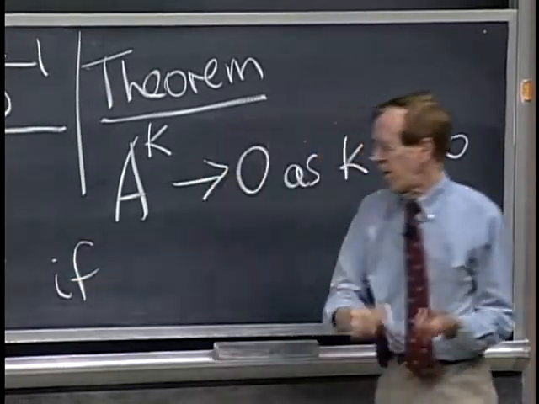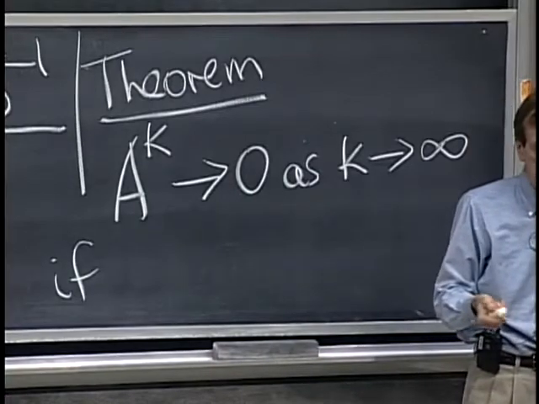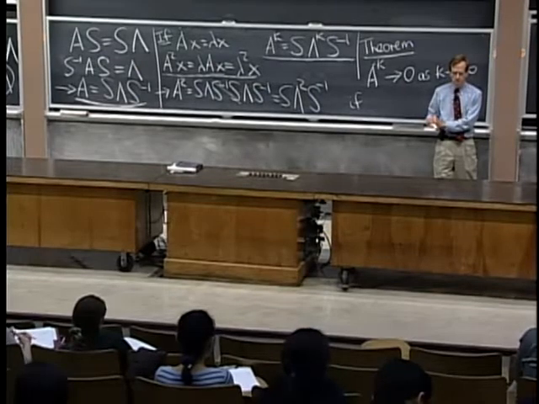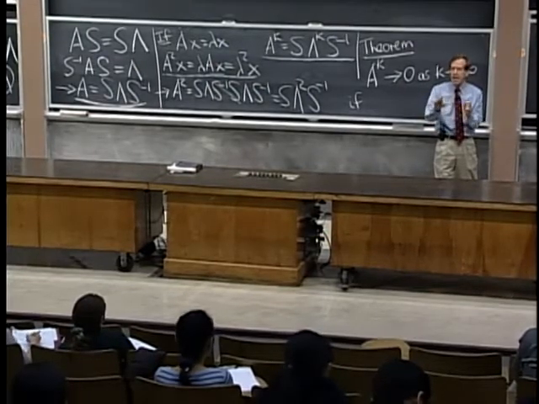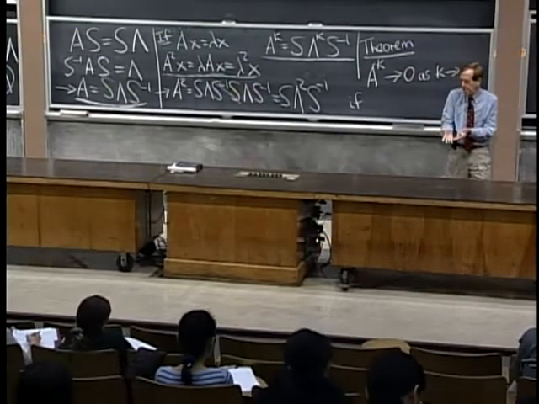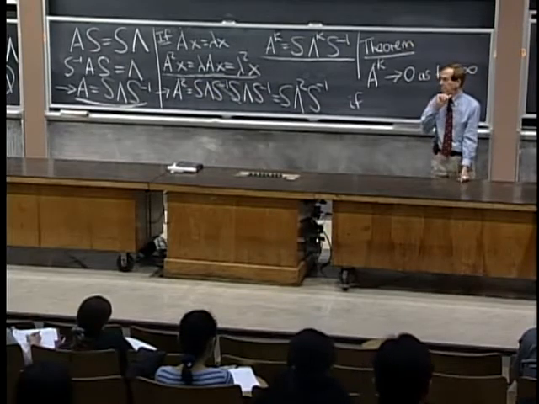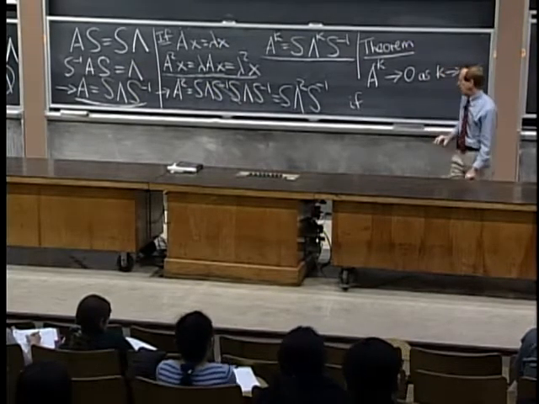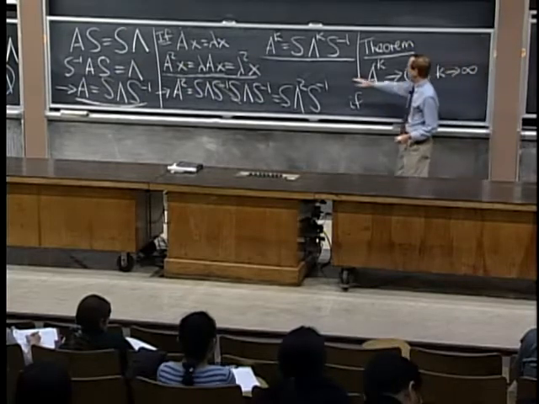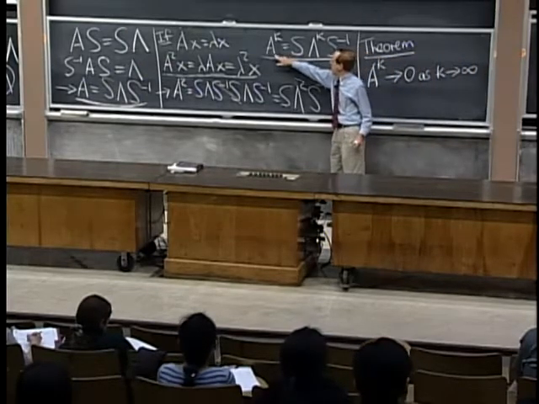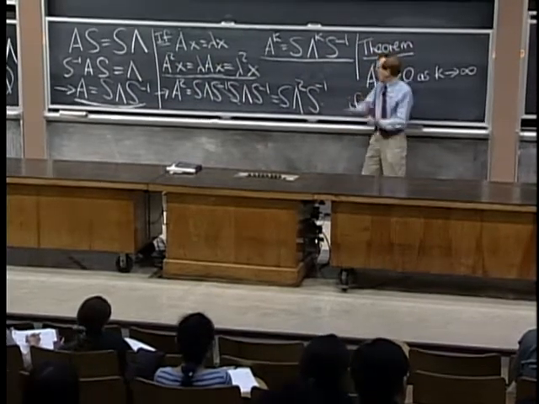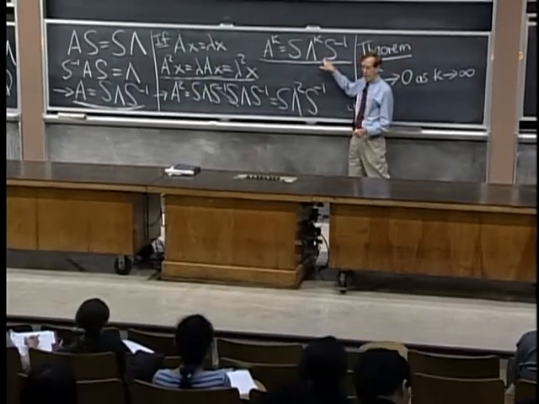How can I tell for a matrix A if its powers go to 0? That information is somewhere inside that matrix. It's not present in the pivots. It's present in the eigenvalues. What do I need to know so that if I take higher and higher powers of A, the matrix gets smaller and smaller? Well, S and S inverse are not moving.